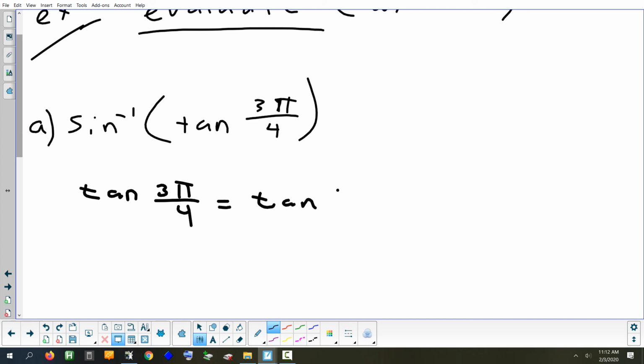Now, it might help if I think of it in degrees. How much is pi over 4 in radians? So this is triple 45, which is how much? 135.